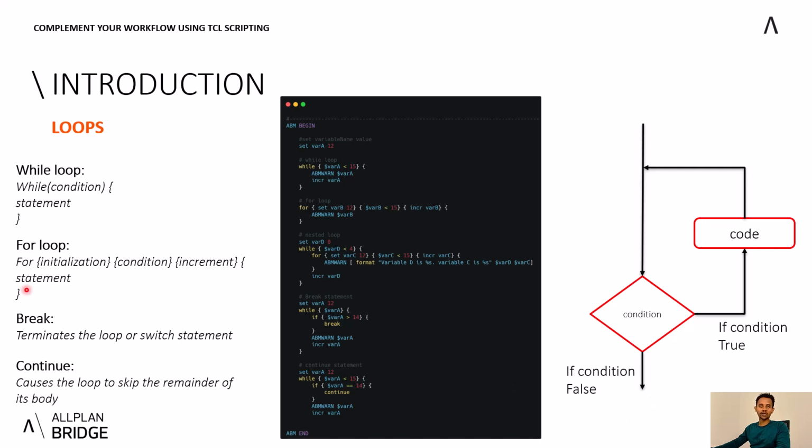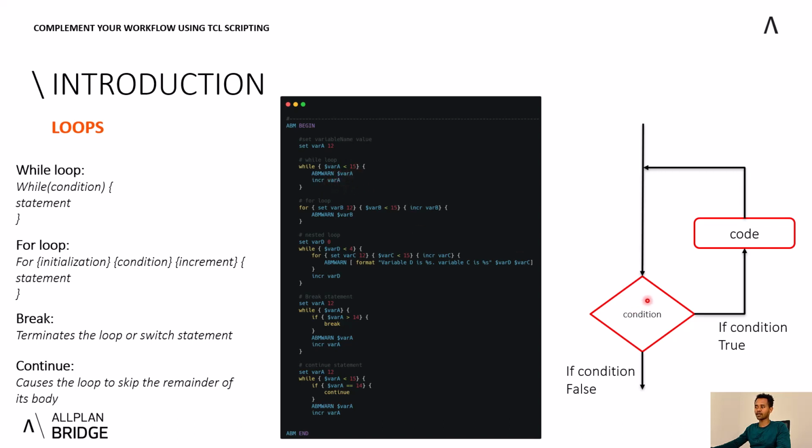For example, let's say we have a while loop. As long as this condition is satisfied, just execute this statement. So we have a var a, which is being checked if it's less than 15. So var a, which is 12, is less than 15. As long as this is true, execute the statement. But here we don't want to execute it indefinitely, so we have an increment of var a.